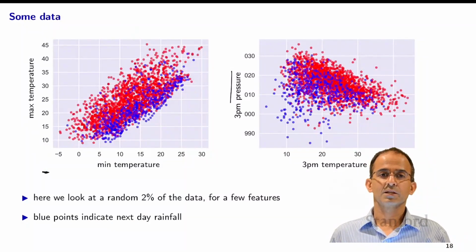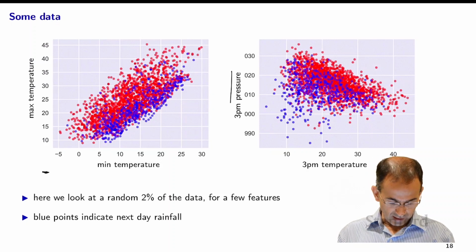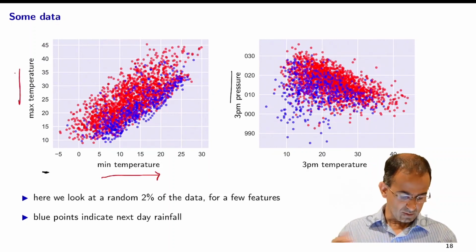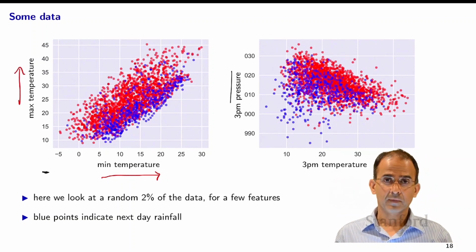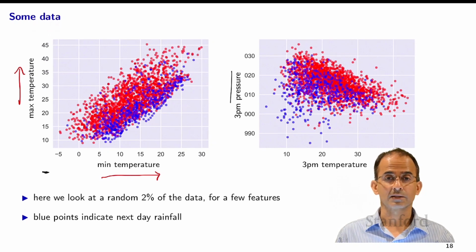So let's take a look at some of this data. Because there are over 100,000 records, we're only looking at a small 2% random sample of the data just to get a feel for it. And just looking at a couple of the features here. So here we have the minimum temperature plotted on this axis and the maximum temperature plotted on this axis. And we've plotted in blue those points for which there was rain the next day, and red those points in which there was no rain the next day.